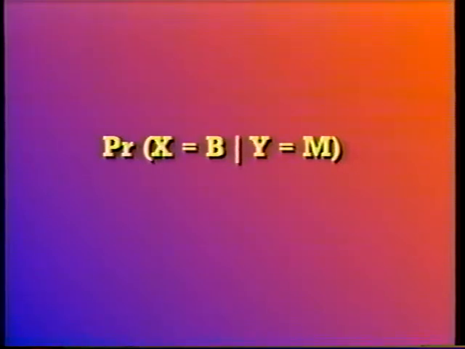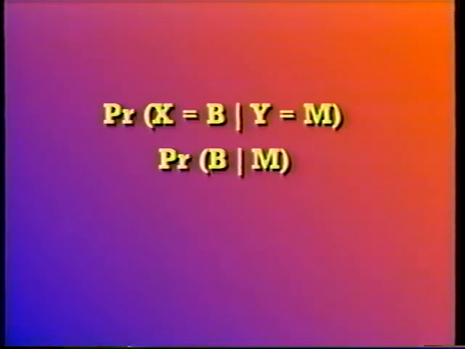The conditional probability of selecting a business student from the male population is simply written as probability of X equals B given Y equals M. For convenience, we simply state probability B given M. This is called conditional probability, probability of business major given gender equals male.